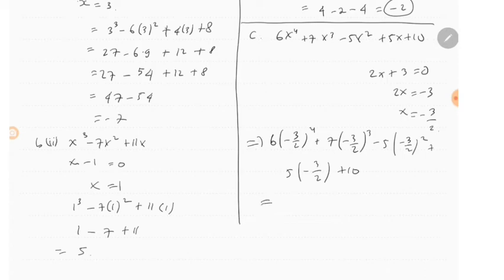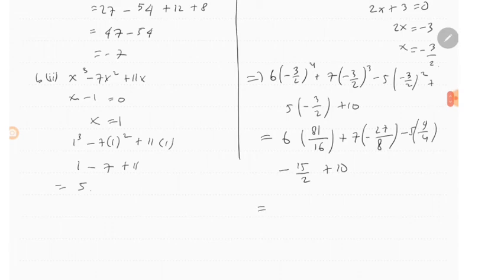Okay, so it is 6 times positive, right? So 81 over 16 plus 7 times negative 27 over 8 minus 5 times 9 over 4 plus or minus 5 times 3 over 2, so 15 over 2 plus 10.